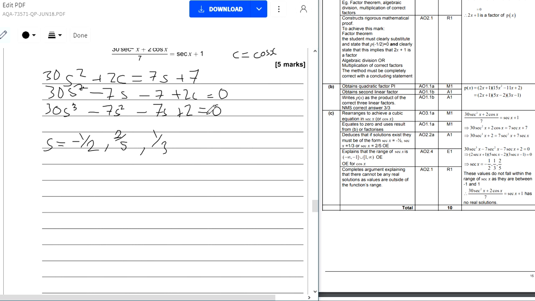And so we've got to show that sec x can never be any of these. You could substitute each one of these in and show that they don't work, but sec x is invalid for the range minus 1 to 1.